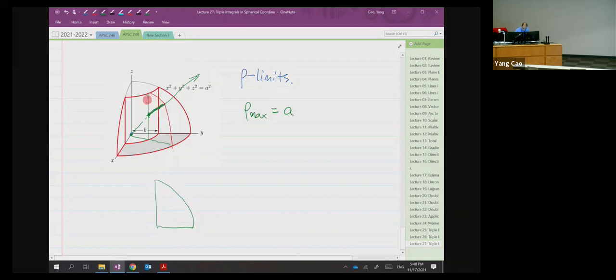Your z-axis is somewhere over here, and this is the origin. The line we have just drawn is from here to here, and this is your rho max and this is your rho min.